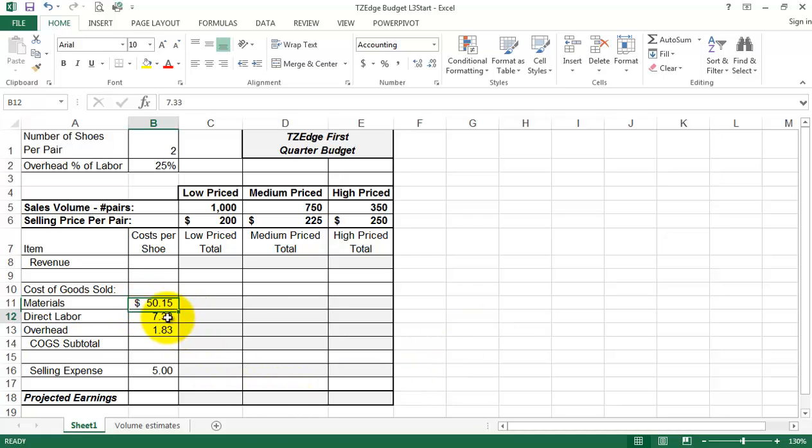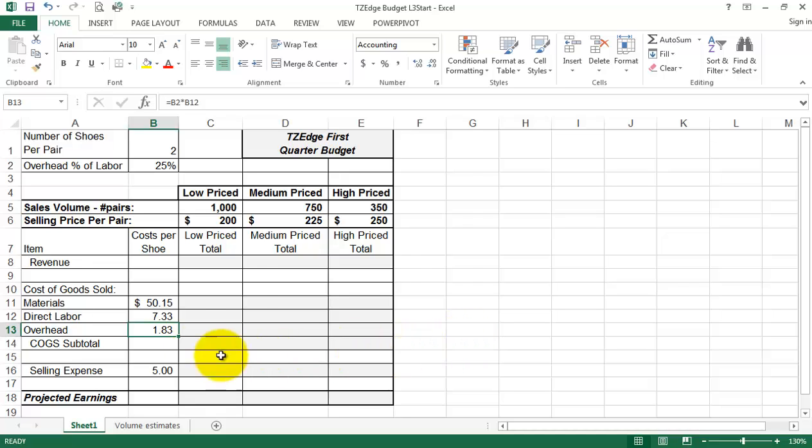However, to build a shoe actually costs $7.33 in labor to build one shoe, and then there's an overhead cost. Now the overhead cost is something in accounting that takes into account the fact that it costs you money for the taxes on the building, the washrooms, the heat, the cooling, the electricity, the rent of the space, all that kind of stuff.